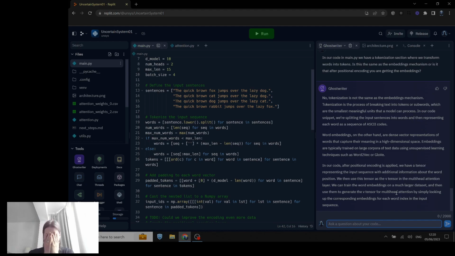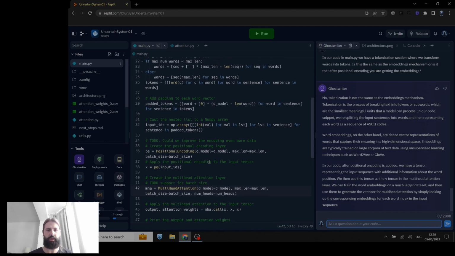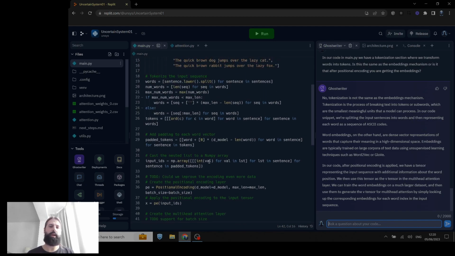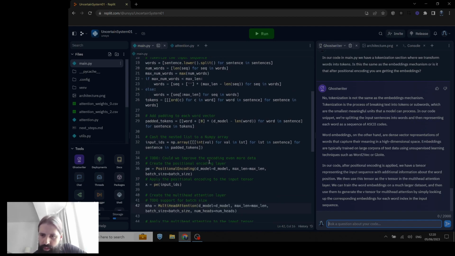Okay, so what I'm understanding is that what we have here, after the positional encoding, we could use embeddings to improve it. So we could use embeddings before positional encoding.